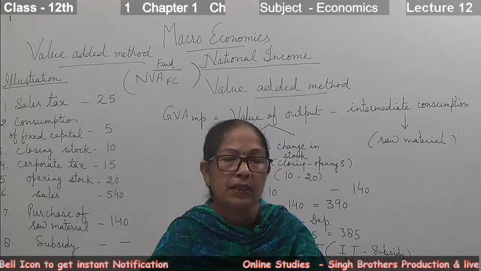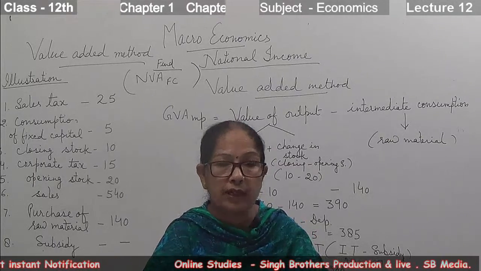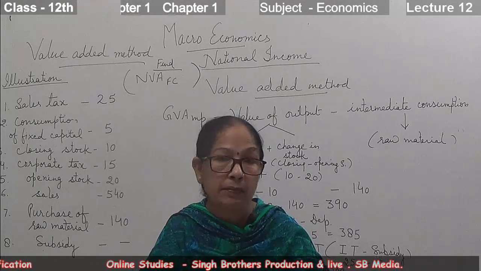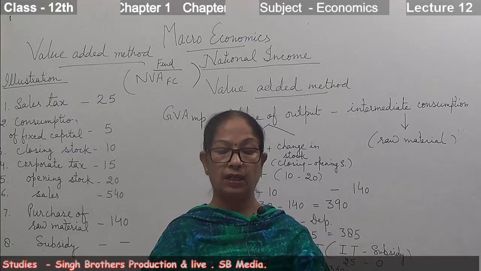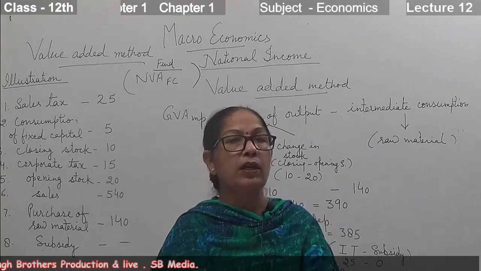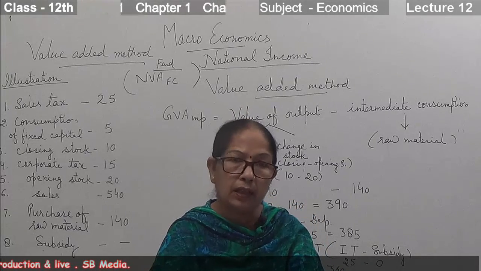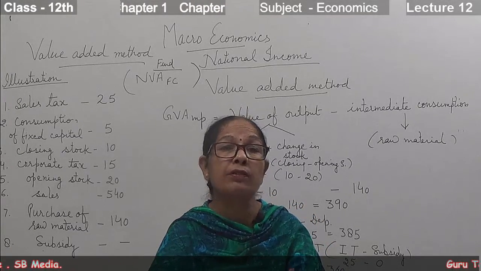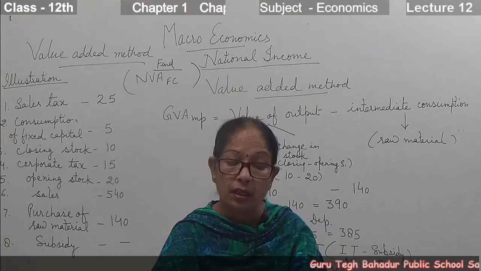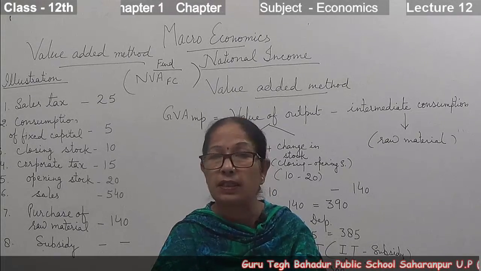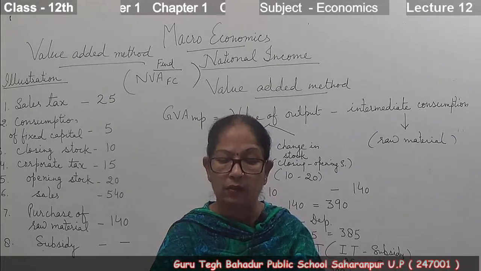So in income method also there are some precautions we have to take while measuring national income by income method. They are only factor incomes which are earned by rendering productive services are included. All types of transfer incomes like old age pensions, scholarships, allowance, unemployment allowance, these are excluded. These are not included.